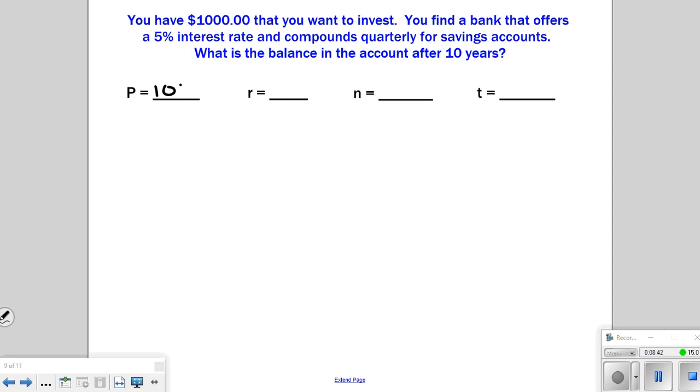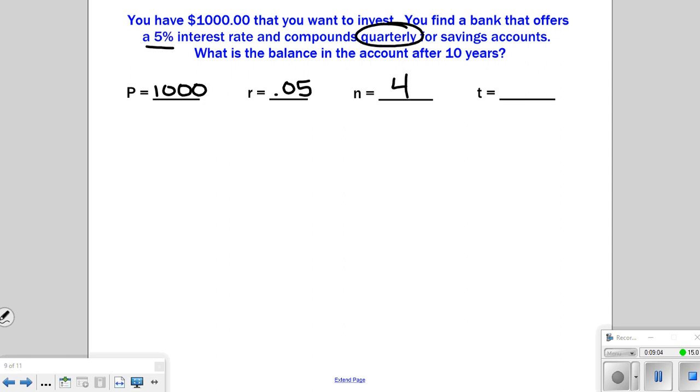Our rate is 0.05 as a decimal, because that is 5% written as a decimal. The number of times that this is compounded per year, well, I see the word quarterly, so that tells me this is going to be compounded 4 times a year. And we want to do this for 10 years.